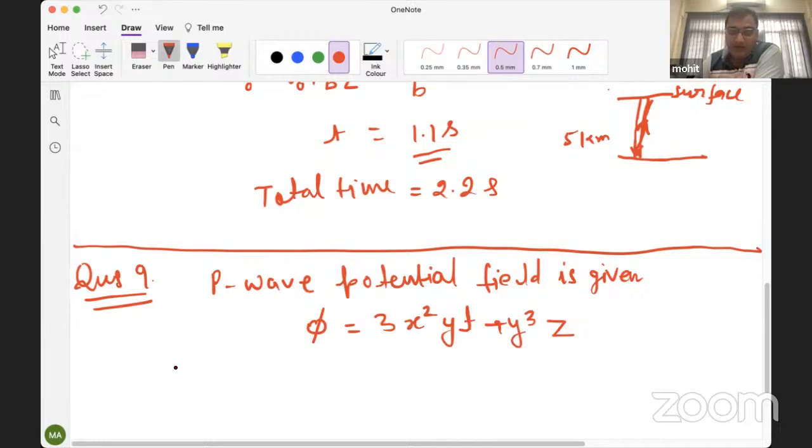And if you want to find out the particle displacement of this P wave, then you can just calculate the particle displacement u subscript p, that is the gradient of phi.